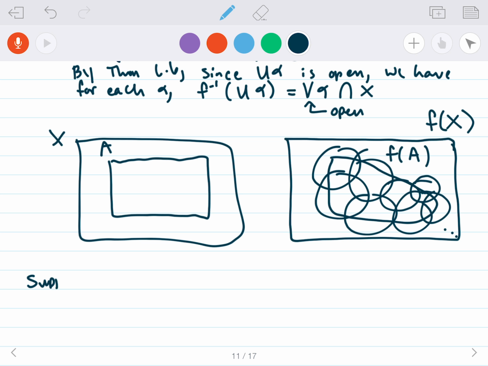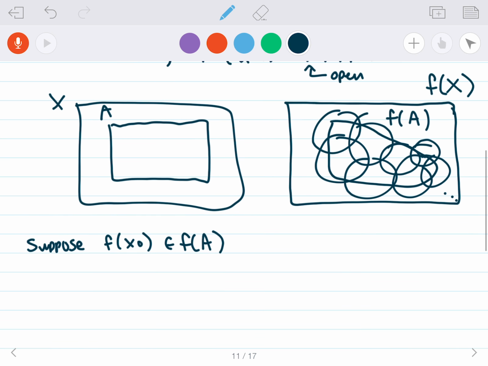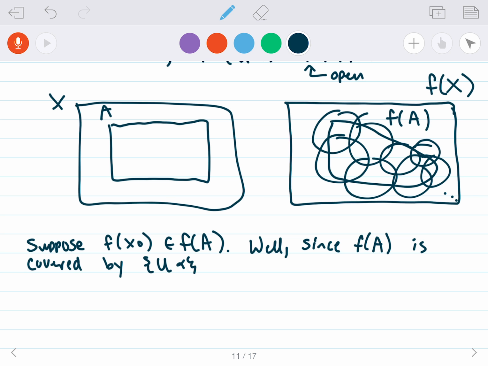Okay. So we're going to suppose that we have something in the image. So F of x naught is going to be in F of capital A. All right, so what does that mean? Well, since F of A is covered by the collection of open sets, U alpha, this means that there's going to be an open set that contains F of x naught.